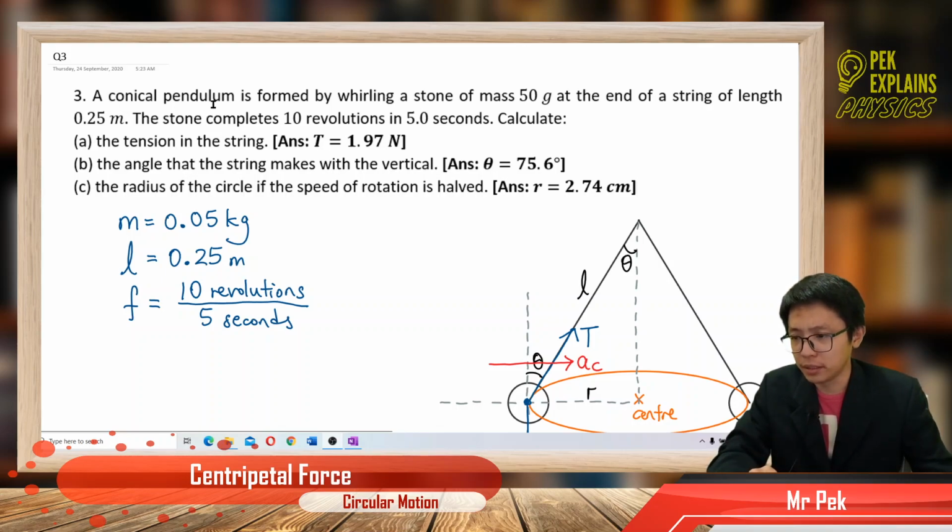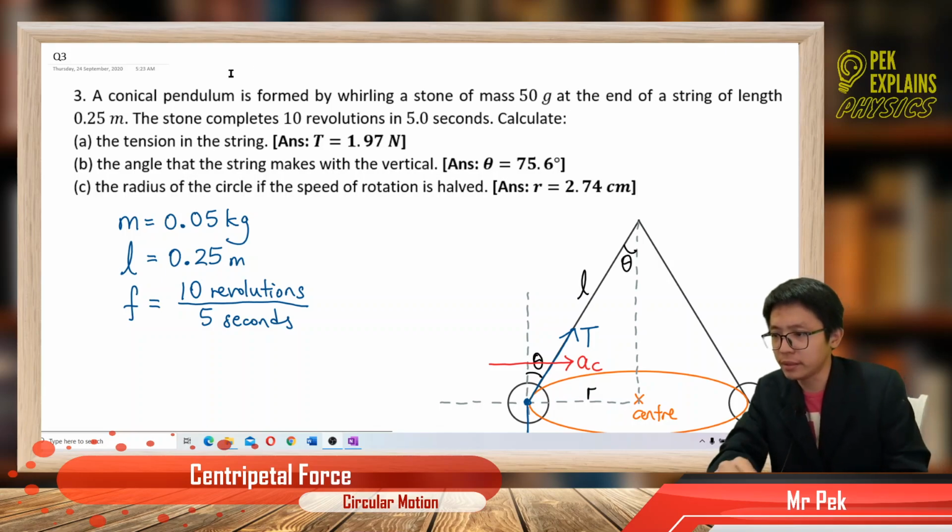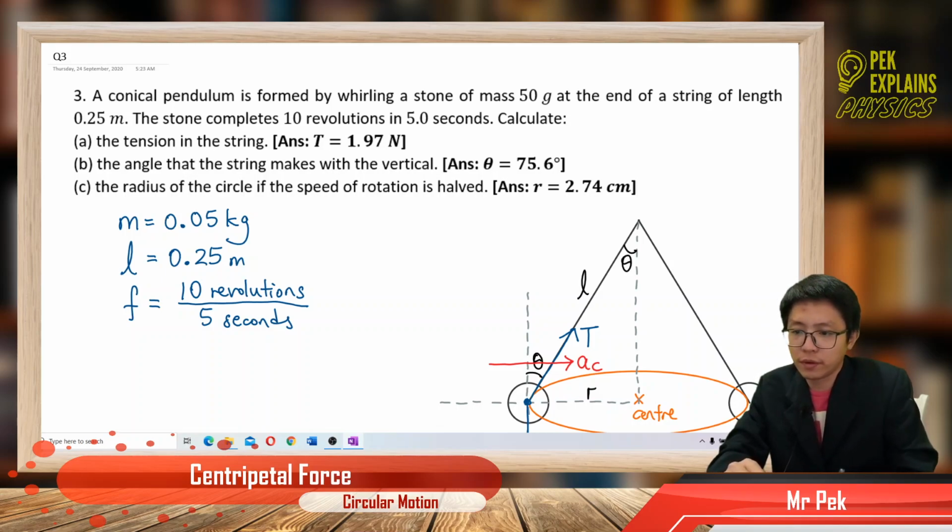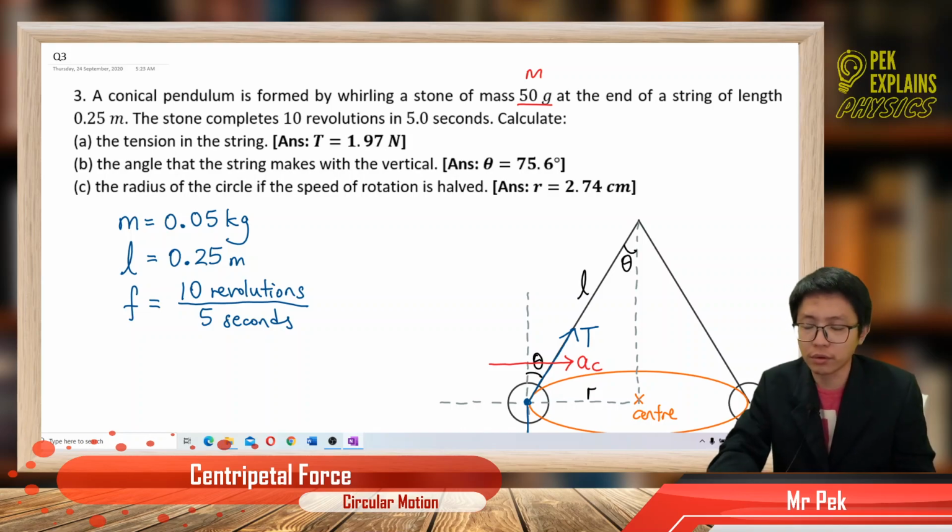A conical pendulum is formed by whirling a stone of mass 50 gram. We have the mass here, but in gram, you will have to change to kilogram, the SI unit.